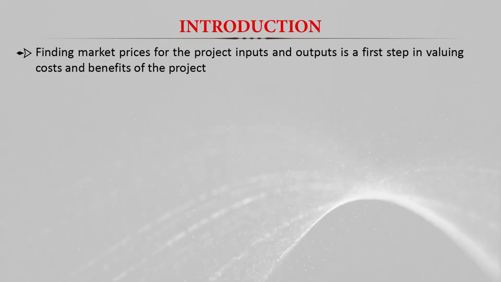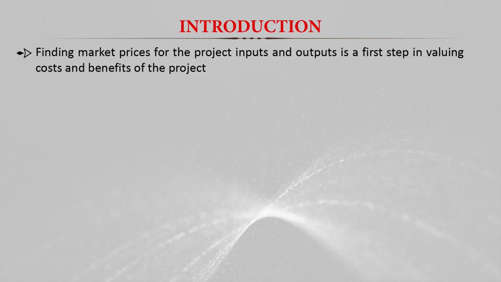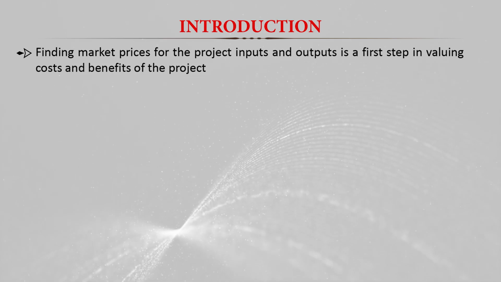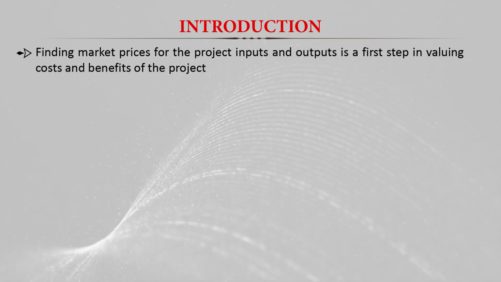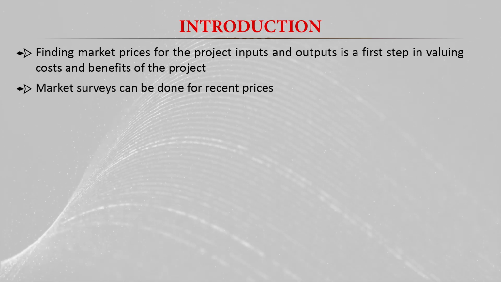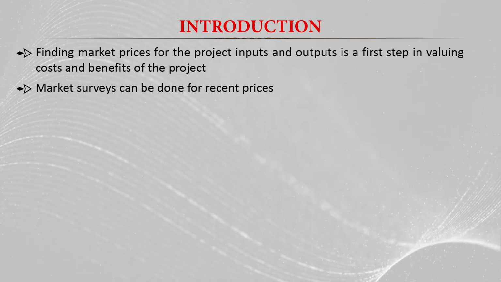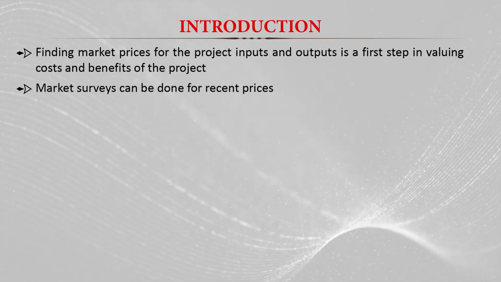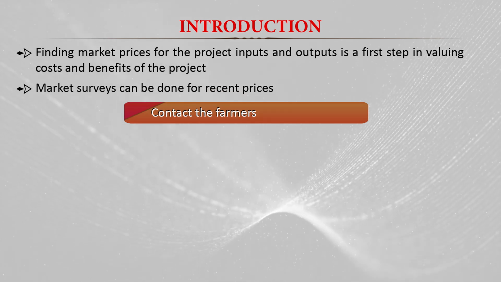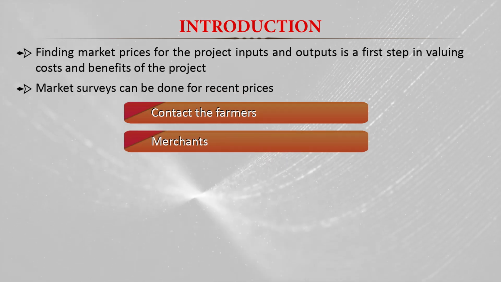We have different sources from where we can get the prices of inputs and outputs. We can conduct a market survey for finding the recent prices. We can contact the farmers, and talk to the merchants and traders.